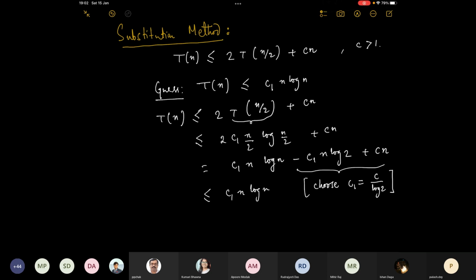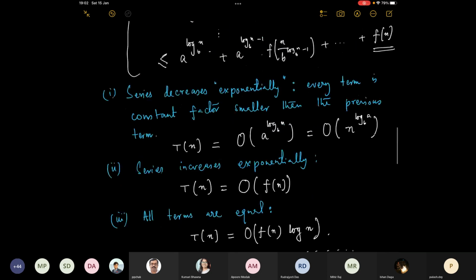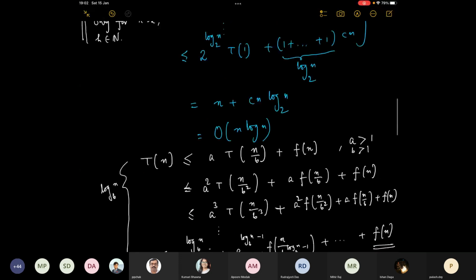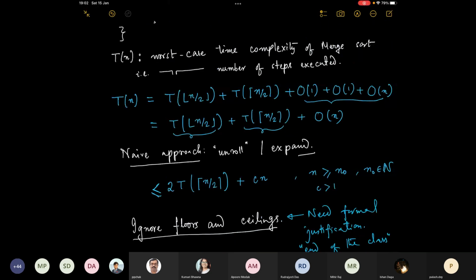Sometimes we apply the recursion tree and this method, and we get a solution. But if we are not convinced, for example, here I have replaced floor with ceiling, so the assumption is that time complexity increases if the array size increases.